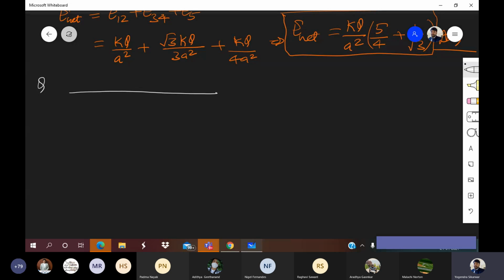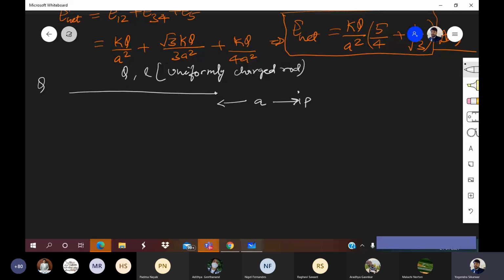Next question. So this is Q, L is the length, a uniformly charged rod. And this is point P, which is at distance A from the rod.